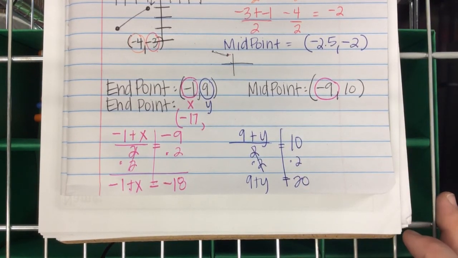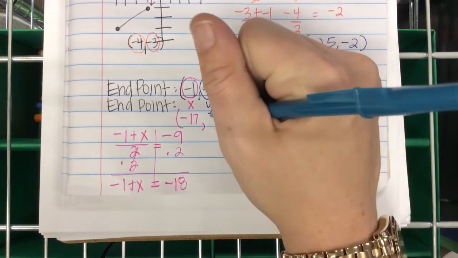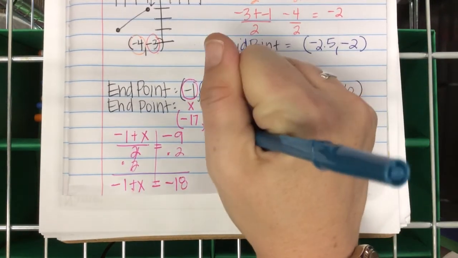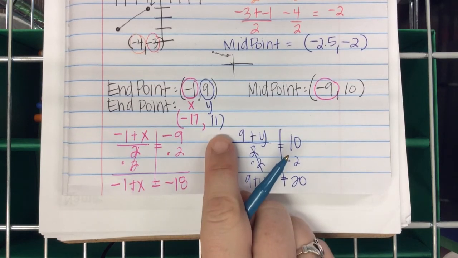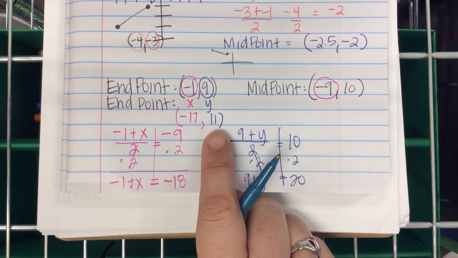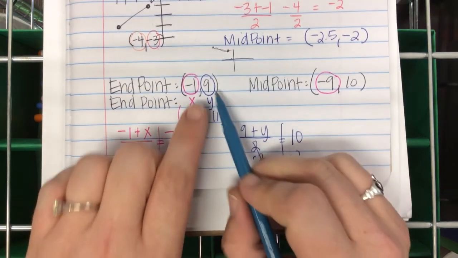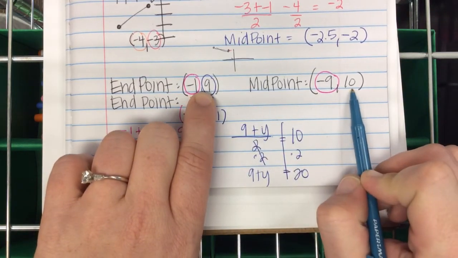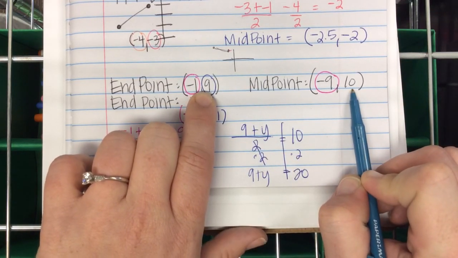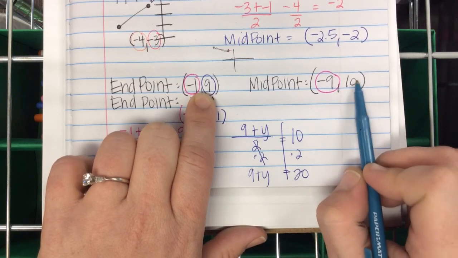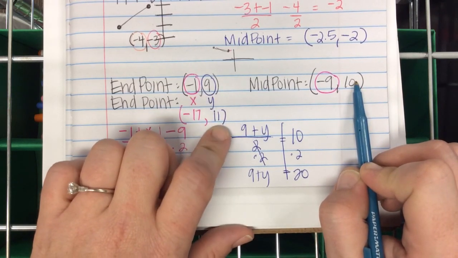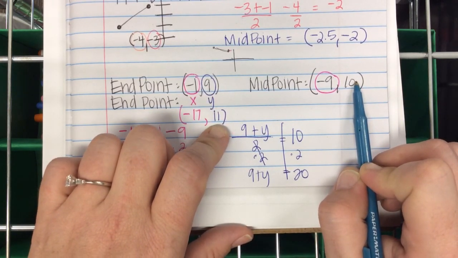What does y equal? 11. So my other endpoint is negative 17, positive 11. Because from 9 to 10, what did I do? I added 1. So 10 plus 1 is 11.